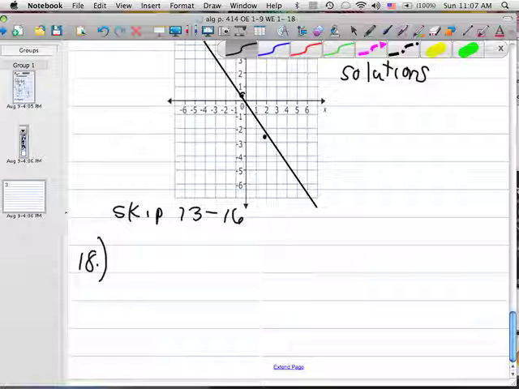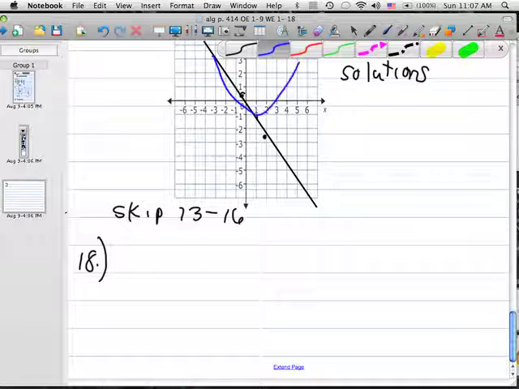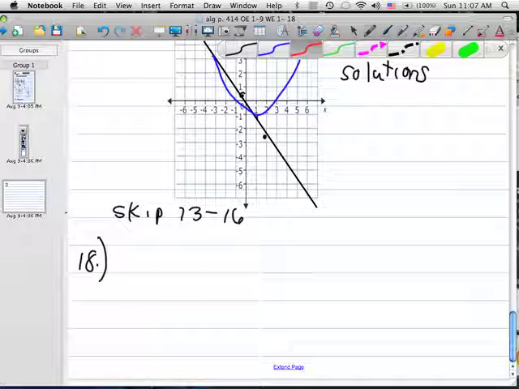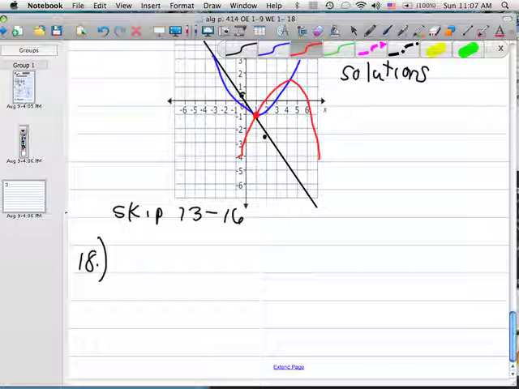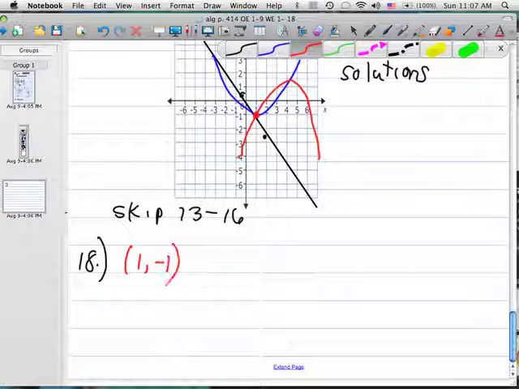Well, 18, if we look at where the parabolas intersect, one of them is when x is 1. This one intersects there, so that's going to be 1, negative 1.